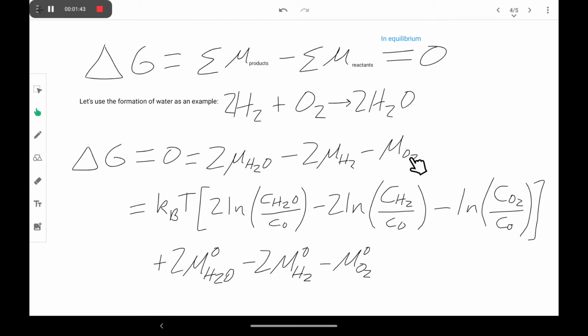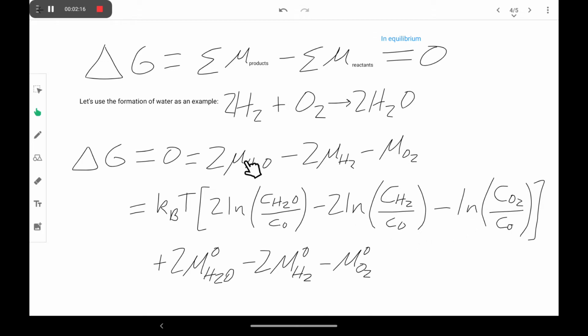Now, remembering how chemical potential is defined, and you can look back at previous videos, we have k_B T times the natural log of the ratio of the concentration over some reference concentration. Again, this reference concentration is often chosen to be 1. The factor of 2 comes in front of the natural log, and I'd have to repeat that natural log for the different concentrations.